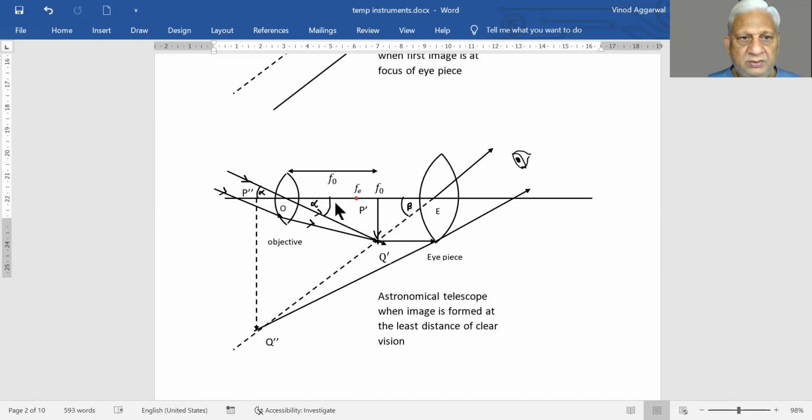This point is P dash, this point is P double dash, and the first image is P dash Q dash. The second image is formed at P double dash Q double dash, right? So this is the case when the rays don't become parallel, and the image is formed at the near point, so it is called the least distance of clear vision.